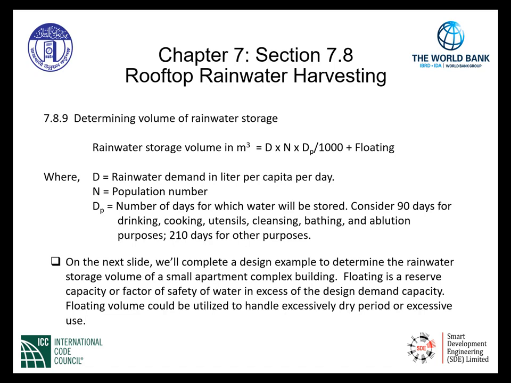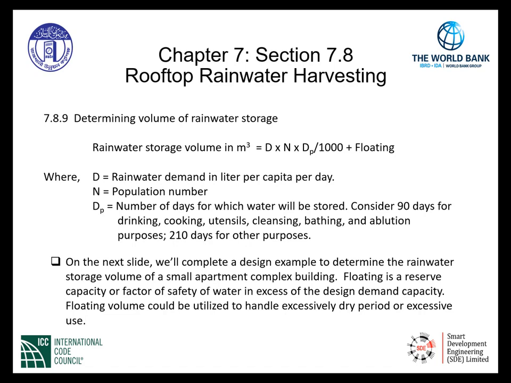Section 7.8.9, determining the volume of rainwater storage. We have an equation that's given to us. The solution gives us the rainwater storage volume in cubic meters. The equation is D times N times D sub P, divided by the quantity 1,000 plus floating.